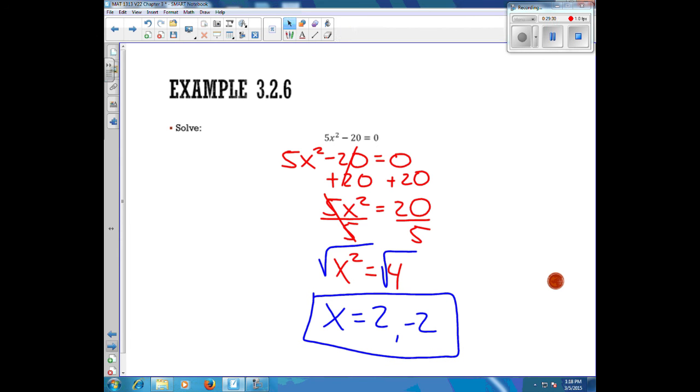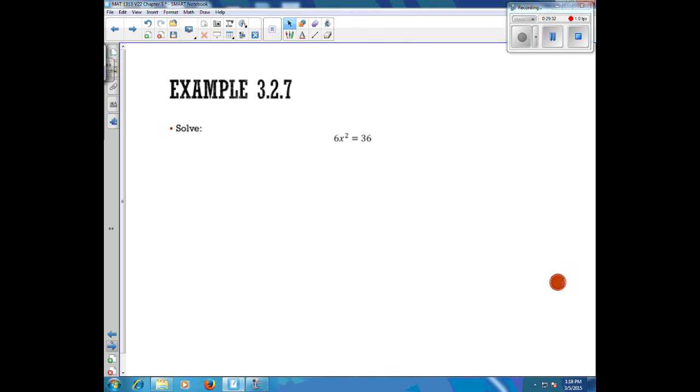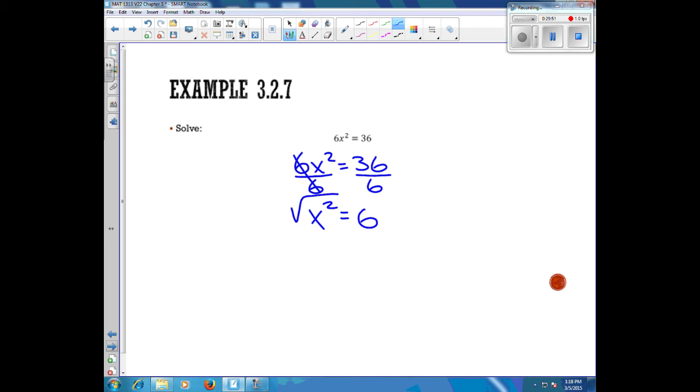Let's try another one. 6x squared is equal to 36. Once again, we want to get x squared by itself. And so we'll just divide both sides by 6. We get x squared is equal to 6. Now we want to take the square root of both sides. The square root of x squared is just x.